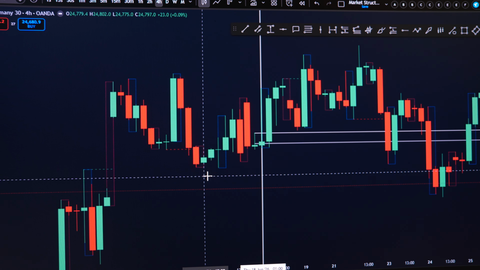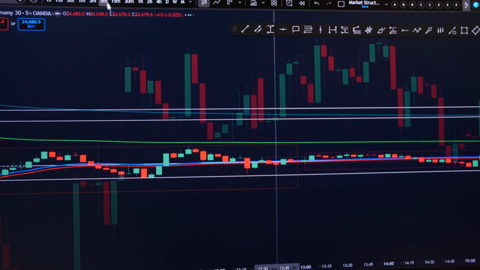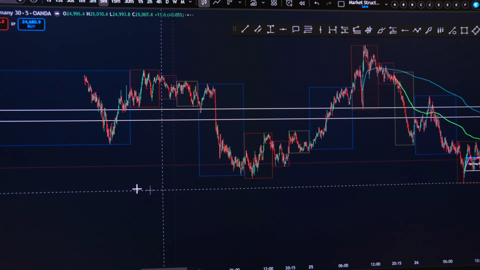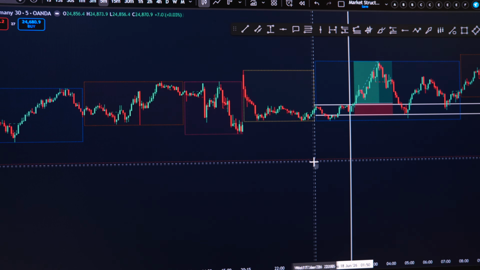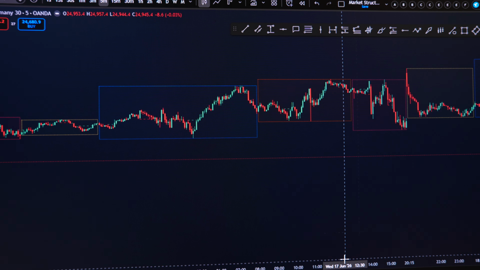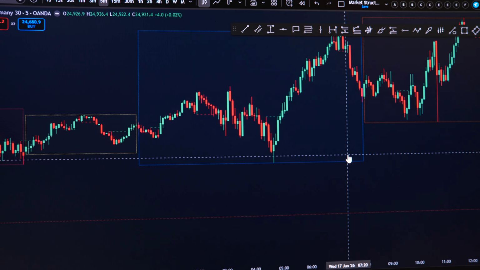High, low. Technically we're kind of in a downtrend around that area, but let's go back to the 5 minute. I'm trying to find a good example of utilizing the Fibonacci retracement. All right, so let's look at this one.